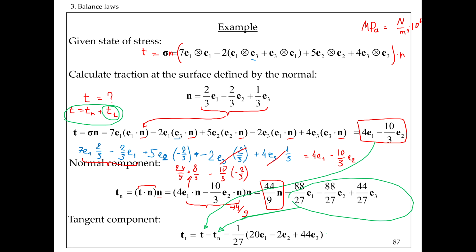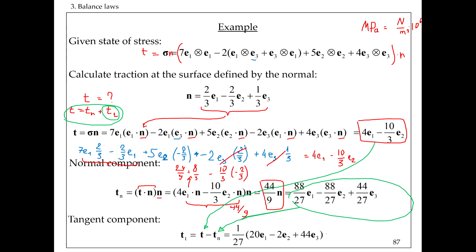So this is supposed to provide you some illustration of how these multiplications work, and also emphasize the point that the stress does define the physical state of that point, the so-called state of stress, while the traction is still something that you need to define properly. You do need to specify at which surface you calculate the traction, while the stresses don't require that.